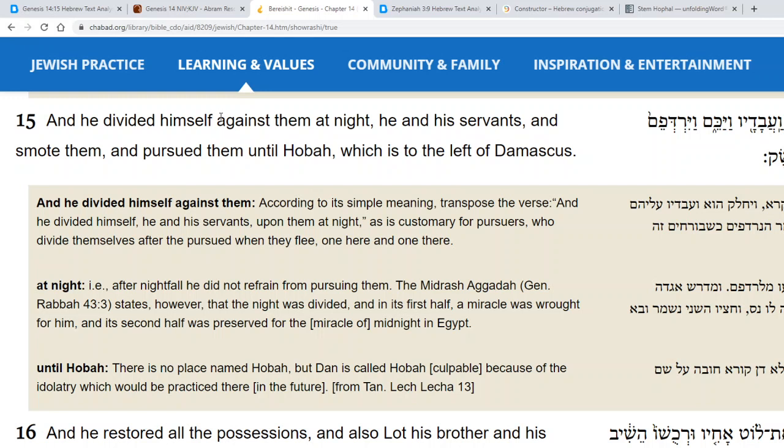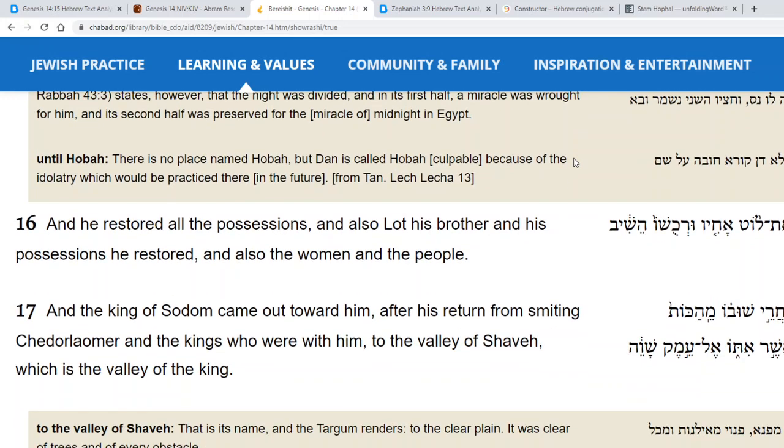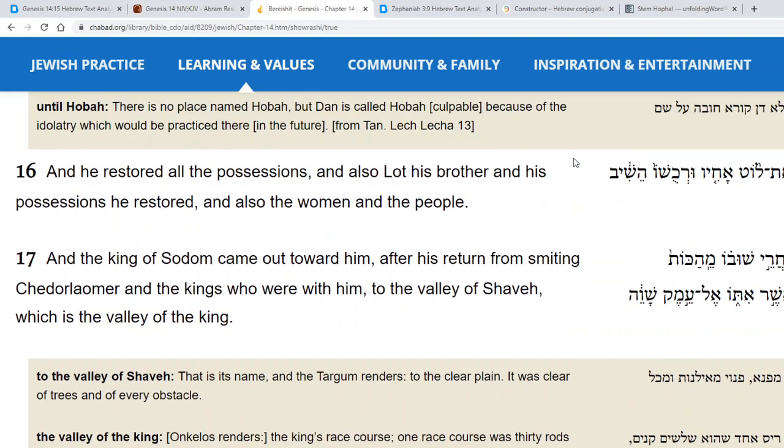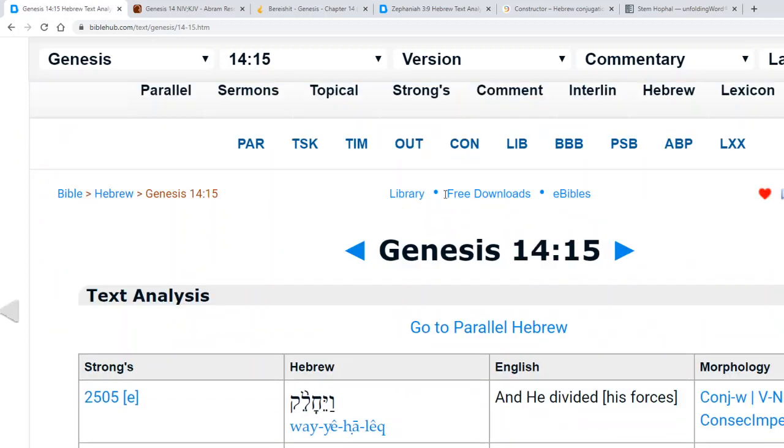Chabad: and he divided himself against them at night, he and his servants, and smote them, and pursued them unto Hova, which is to the left of Damascus. They also do left. And you can read the Agadita, Rashi's explanation of it. Okay.